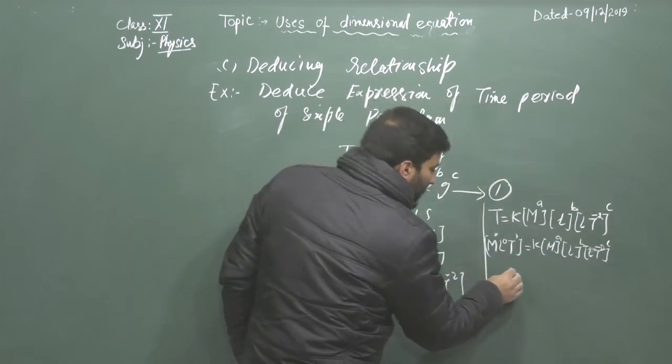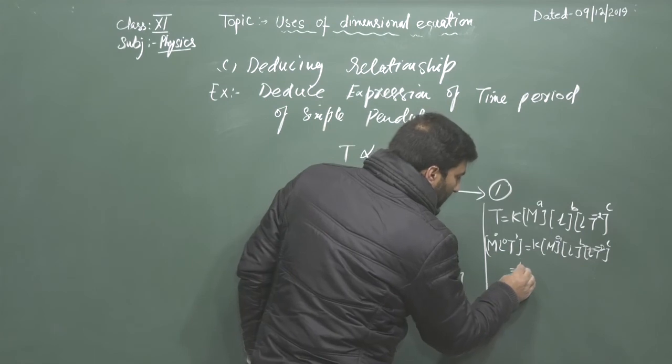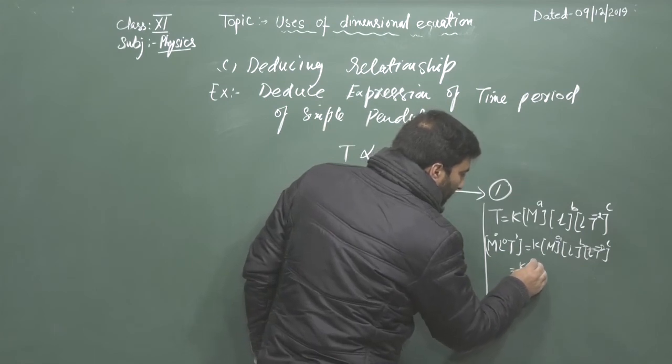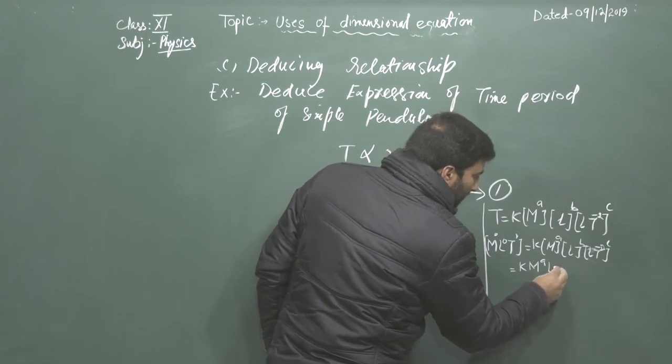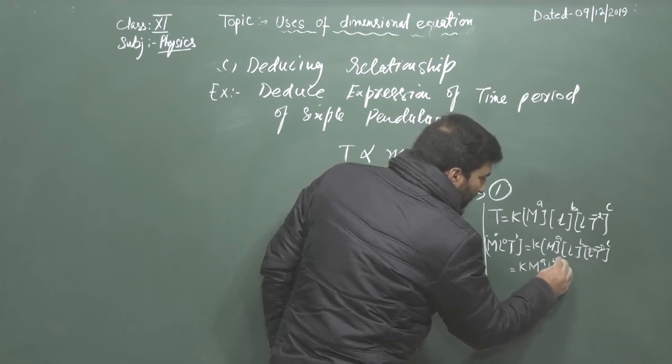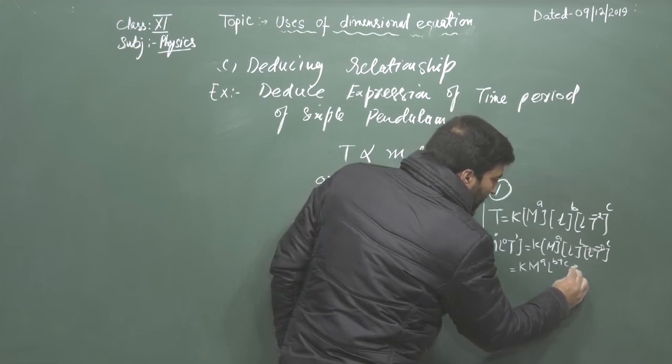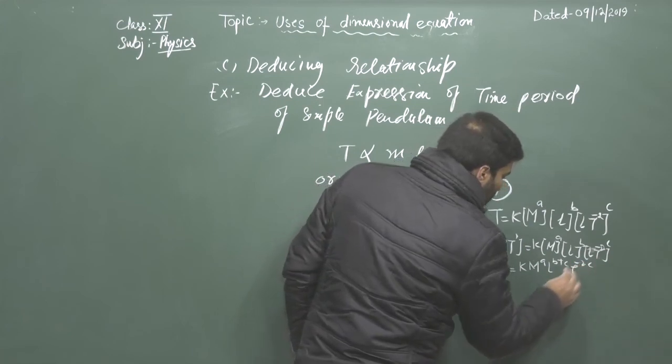So which is equal to K M^a L^(b+c) T^(-2c).